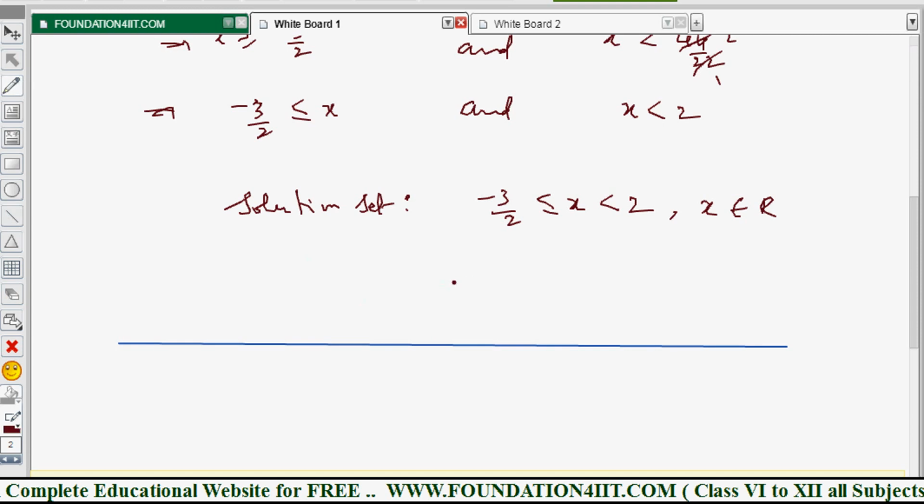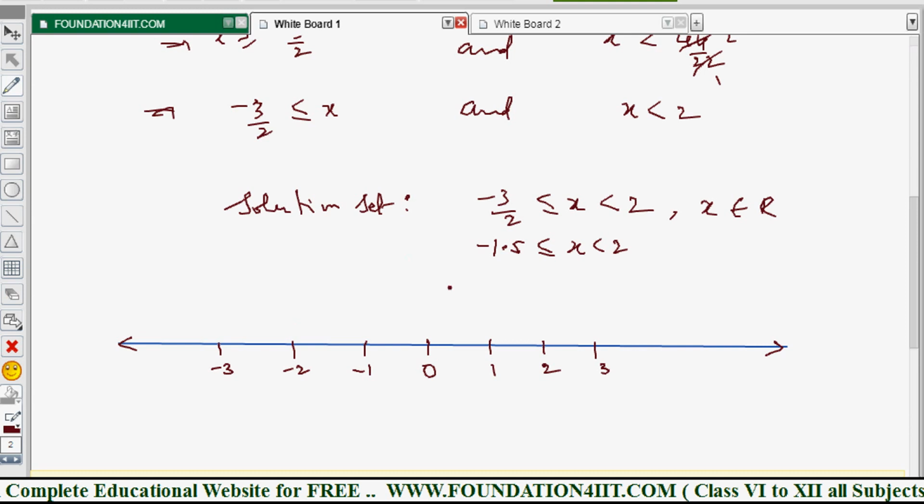That is, minus 3 by 2 is minus 1.5. You can see minus 1.5 is less than 2 also. So here 0, 1, 2, 3, and so on, and this side is negative 1, negative 2, negative 3, and so on.